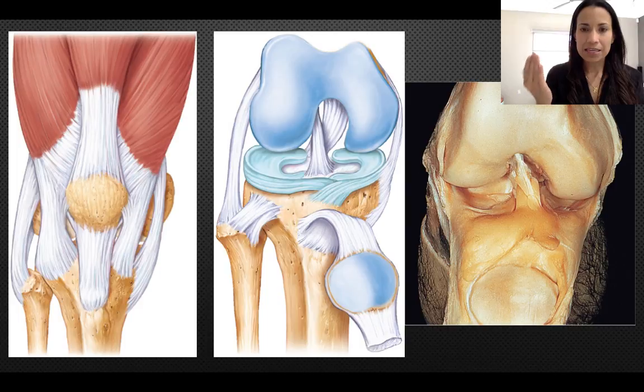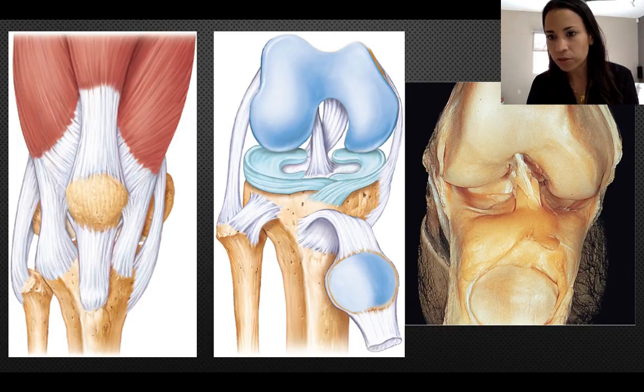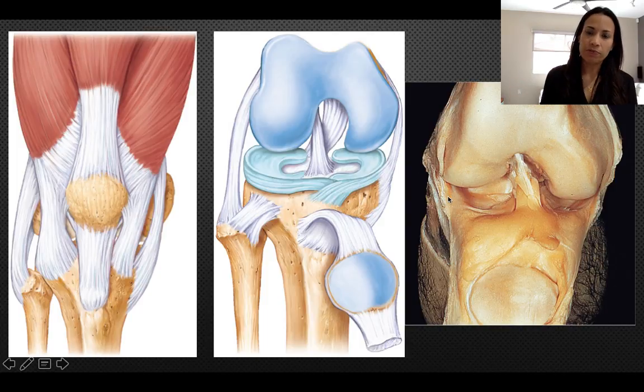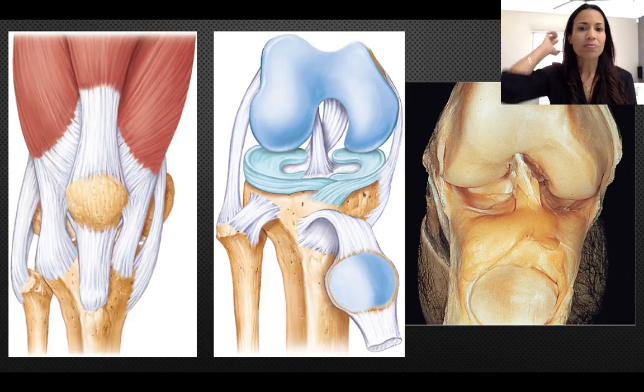The inside is lined with the synovial membrane. We don't have a great picture here, but look, they cut the capsule here, and we can see part of the inner synovial membrane that produces the synovial fluid inside the articulation.